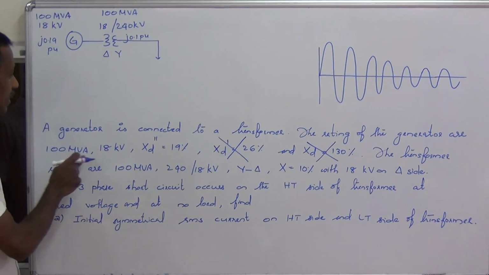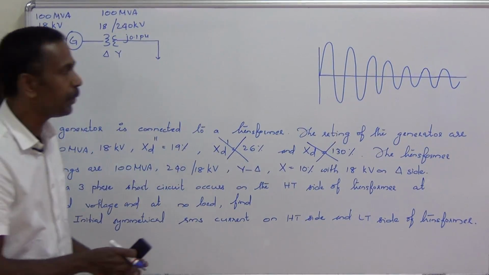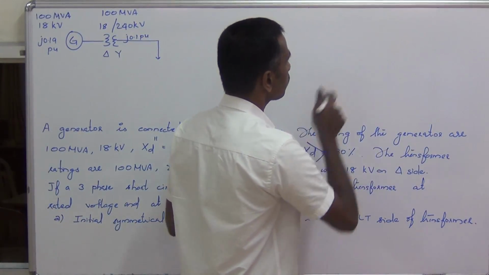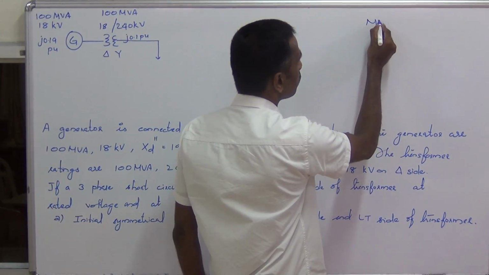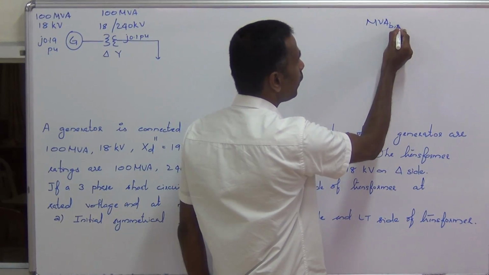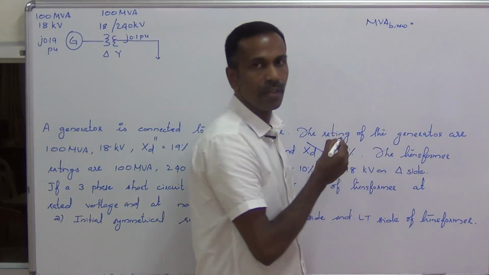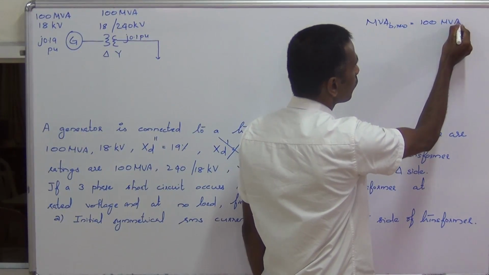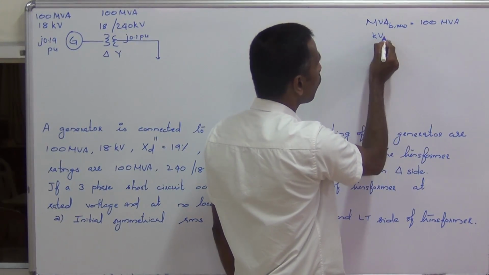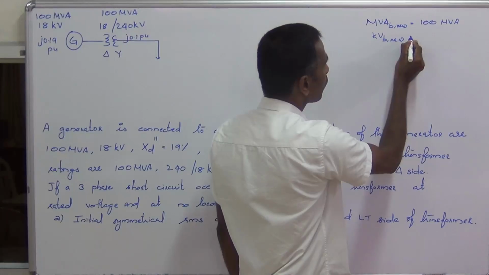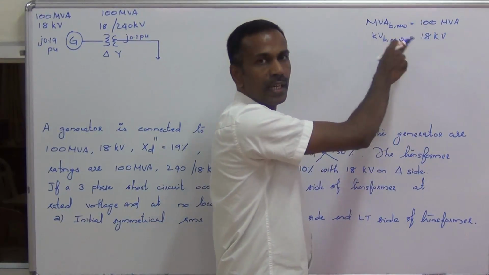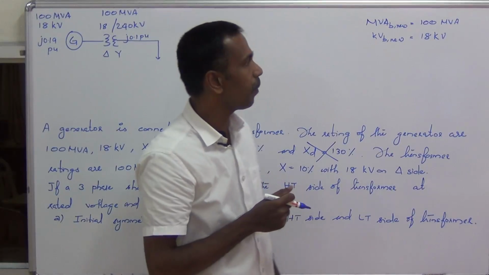Let us choose the generator rating as the new base values. So MVA base new equals 100 MVA, KV base new equals 18 kilovolt. So the rating of the generator is chosen as the new base values.